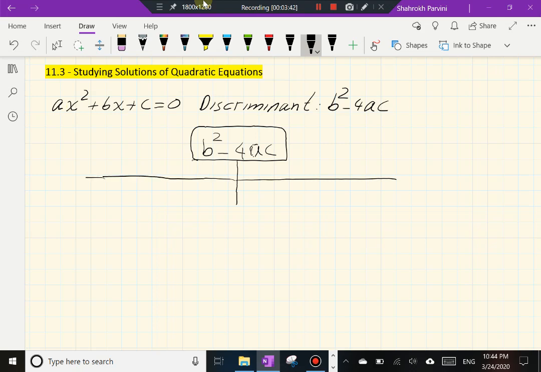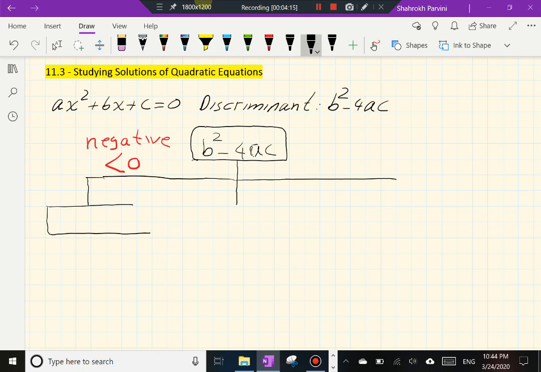Now, over on this side, I'm going to write down the type of solutions that this equation will have. So here is where the discriminant is less than 0. That means the discriminant is going to be negative. So if it's negative, then the radicand becomes negative in the quadratic formula.